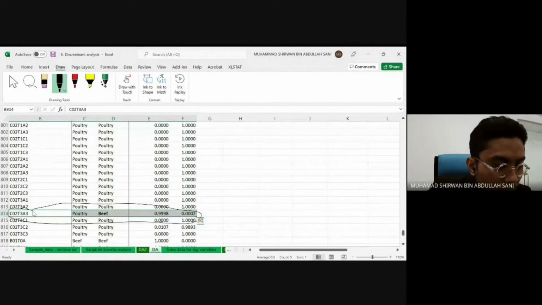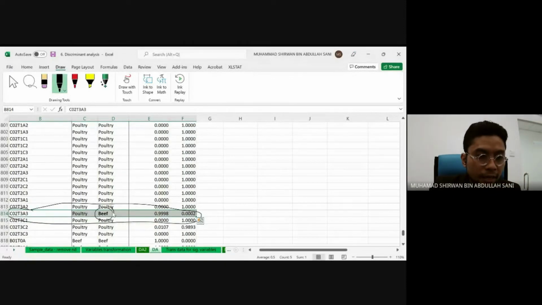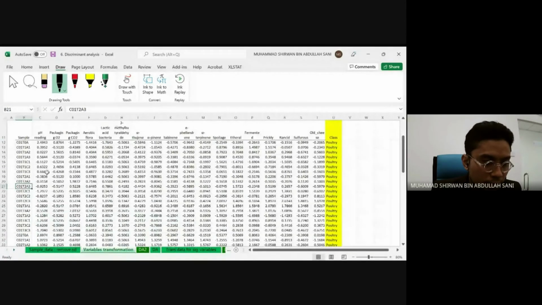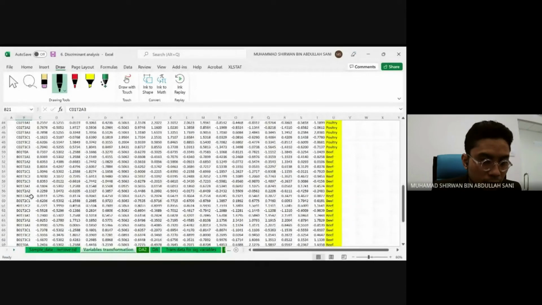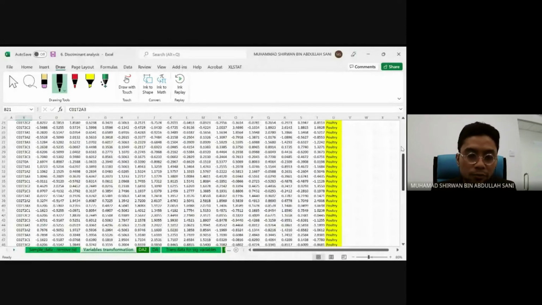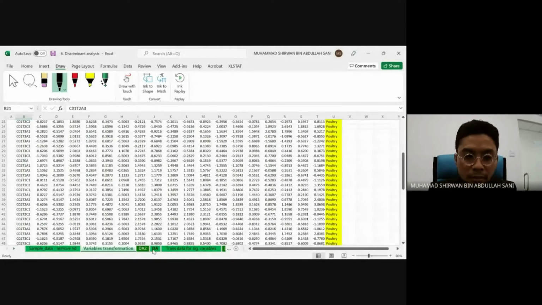However, the model identified it as beef, meaning that the location of CO2 73A3 is perhaps too near between the beef and poultry group. That's why it can fall into the opposite group. So what we can do is go back to the variable transformation, find which poultry sample is wrongly classified, remove that, and then rerun the discriminant analysis.